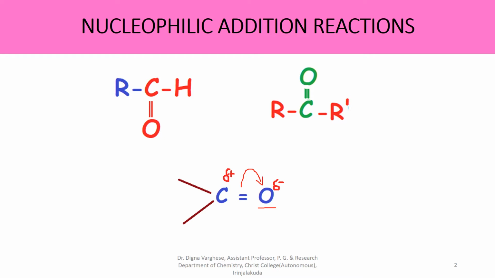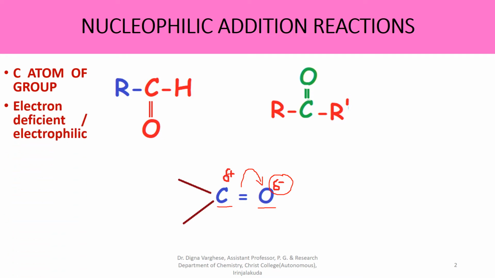So it acquires a partial negative charge. So that oxygen is delta minus. But the carbon atom is the electron deficient one. So it acquires a positive charge, that is, it is an electron deficient compound, and the carbon is an electrophilic one. That means it is an electron loving species.